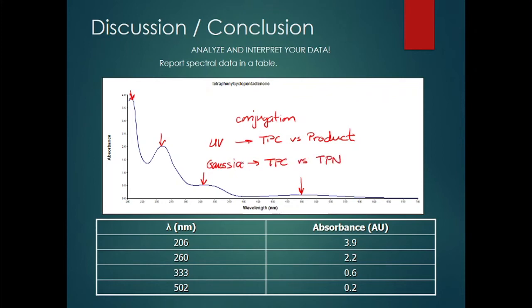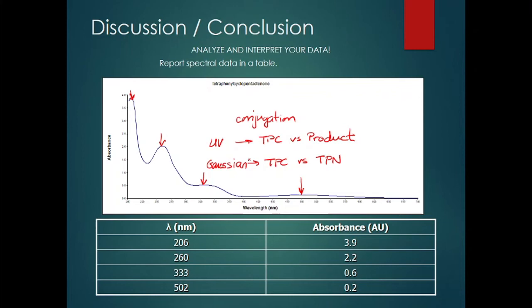If they agree, if the Gaussian says TPC is more conjugated and the UV says TPC is more conjugated, then our product could be TPN. If they disagree, if the Gaussian says TPN is more conjugated and UV says TPC is the more conjugated, then we do not have TPN as our product.